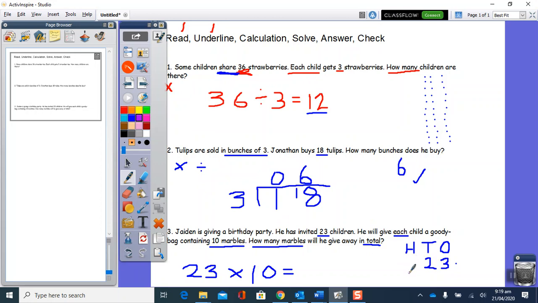So my 2 is going to move under my hundreds. My 3 is going to move under my tens. And I keep the decimal point in the same place. But here, I'll add a 0 as a placeholder. So 23 times 10 is 230. Okay. So I've solved it, I've answered it, and I have just checked it by doing my little method here.